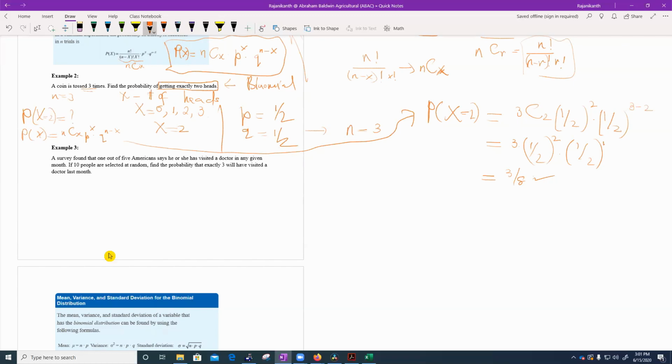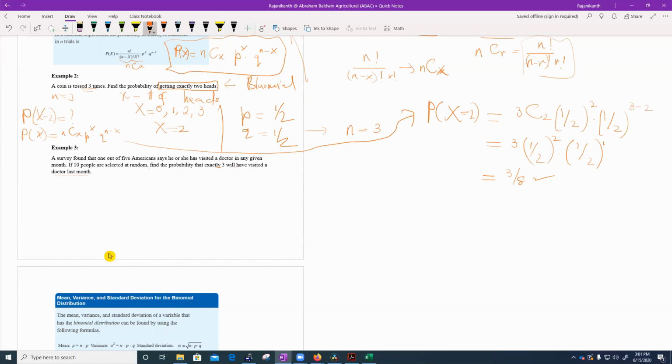Remember, if you read the problem carefully, what are we looking for? Find the probability of what? Exactly three of those who are visiting doctors. Therefore, you are looking for the number of people who see the doctor.